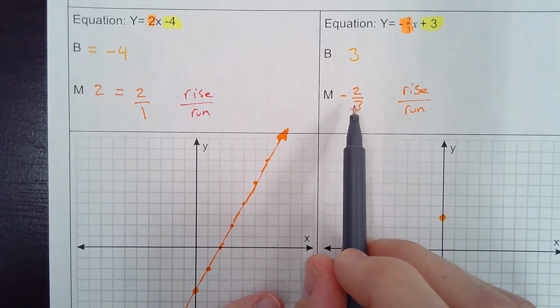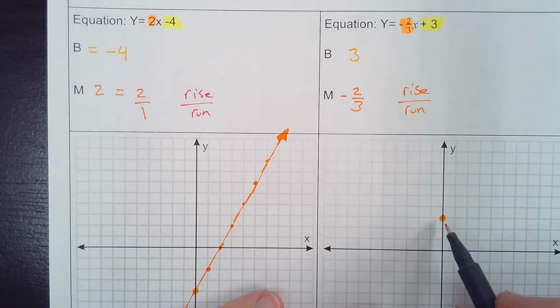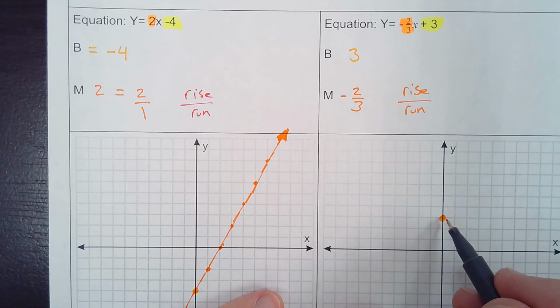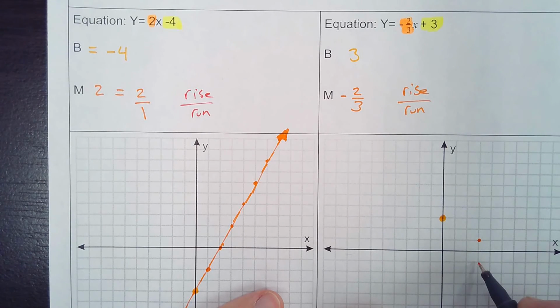Now this one's negative, so do you think I should go up or down if it's negative? If it's negative, I'm going down. So I go down 2, and I'm always going to go to the right. Down 2, 1, 2, 3 to the right. Down 2, 1, 2, 3 to the right.